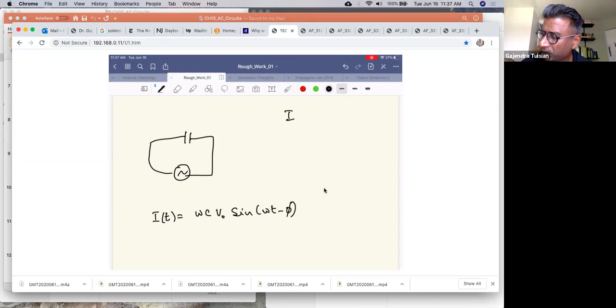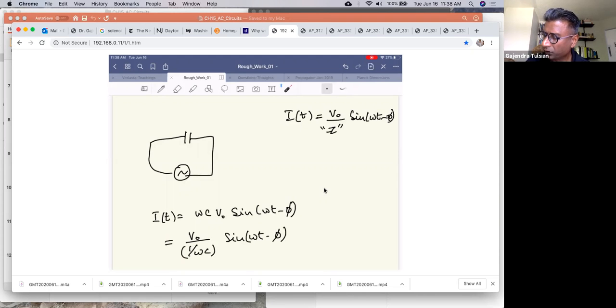Here was the general expression for the current, and we are going to write this in that form. So this is Z, and that's phi, and that is pi by 2.